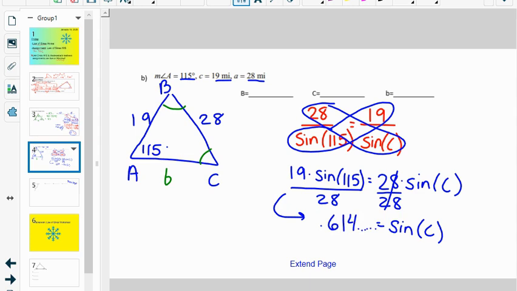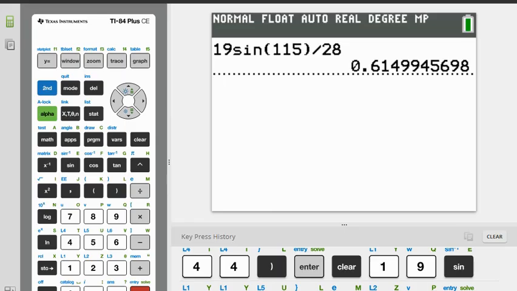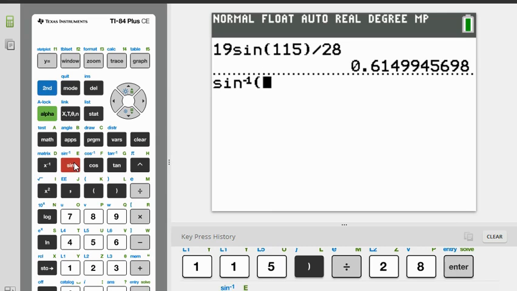Now, the main thing you guys have to keep in mind here is we're looking for an angle. And we've talked about in class, when you're looking for an angle, we have to use an inverse trig ratio. So I'm going to take sine inverse of that decimal in my calculator, the entire decimal, and that's going to get me the angle C. So to do that, hit second, sine, and then just type in that decimal that we just found.